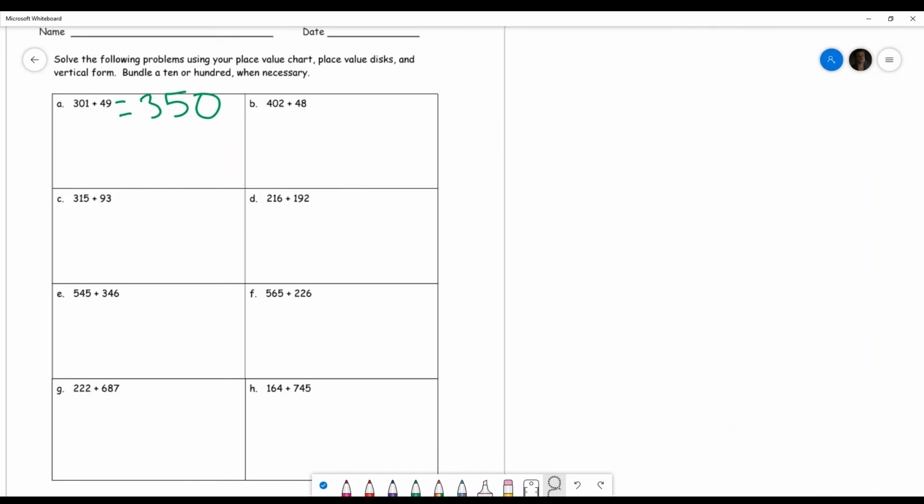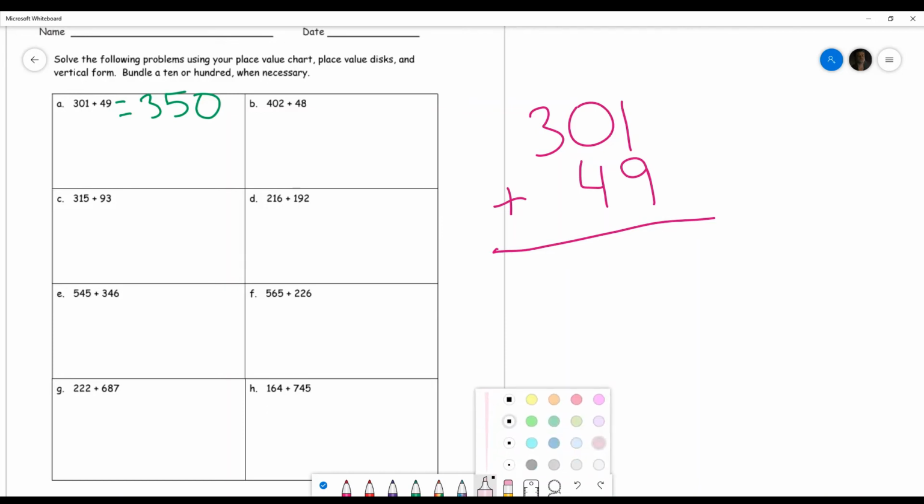Now, if you want to do just vertical form, without using the place value chart, and we did this in class, when you're adding in vertical form, you always, always, always start where?